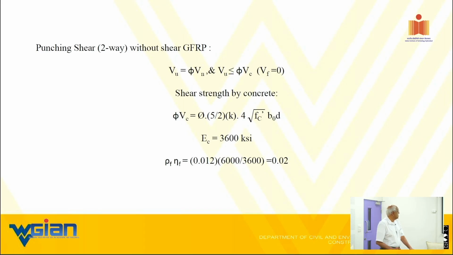The punching shear without any shear reinforcement. As you know, just reminding you, this is 0.75, and the shear strength of the concrete, there are two formulae they are using.